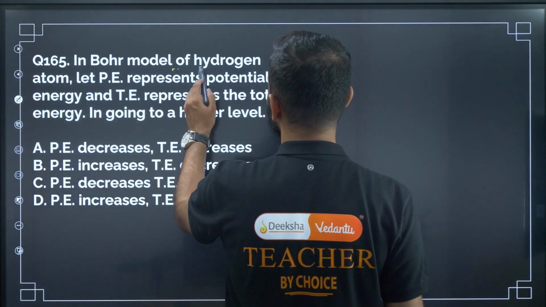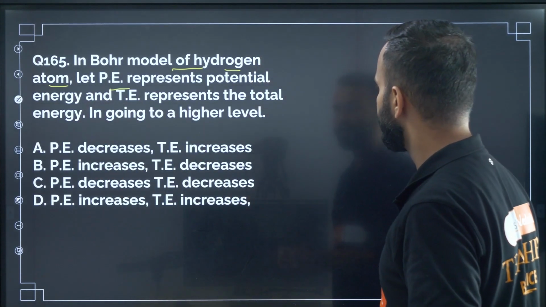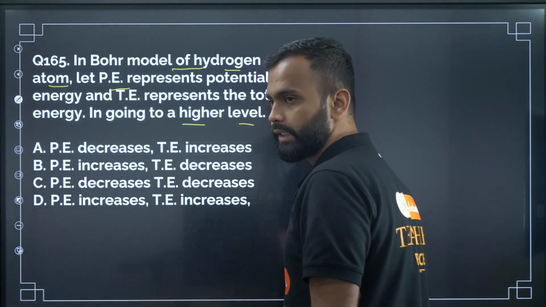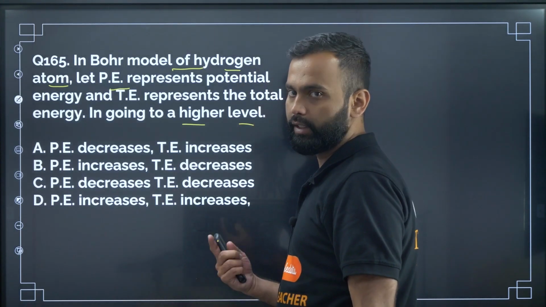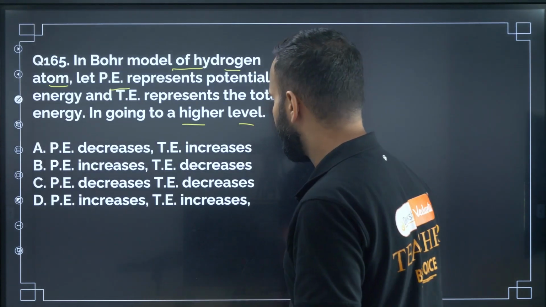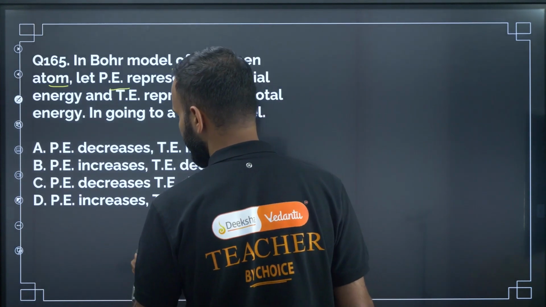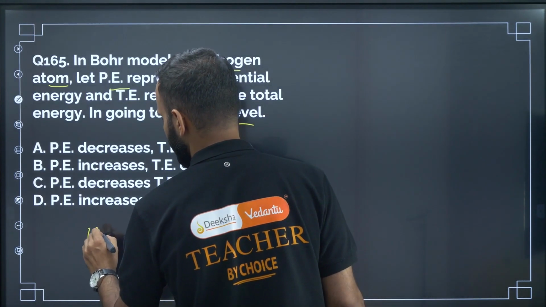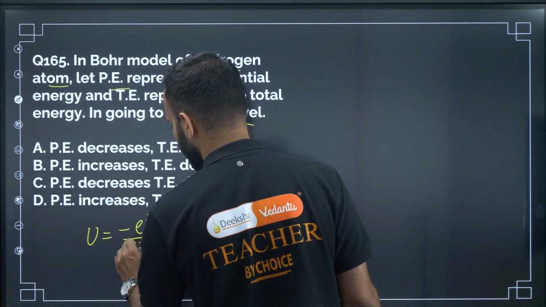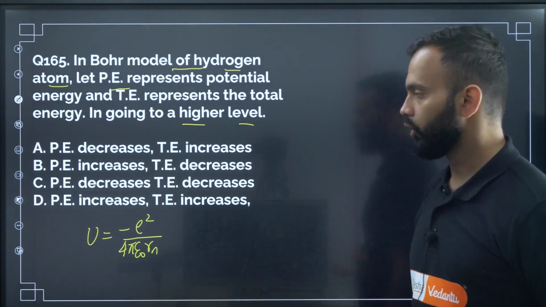In Bohr model of hydrogen atom, let Pe represent potential energy and Te represent the total energy in going to a higher level. So let us write the equation for kinetic energy, potential energy and total energy. From that only we will get to know whether it increases or decreases as you go higher level. Now the potential energy is equal to minus E square divided by 4 pi epsilon naught into Rn, where Rn is the radius of the nth orbit.